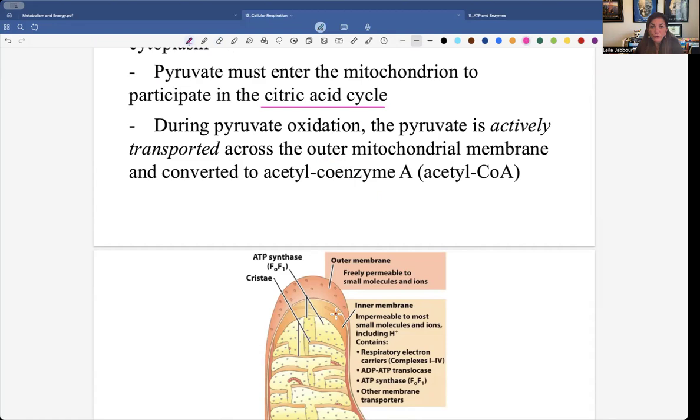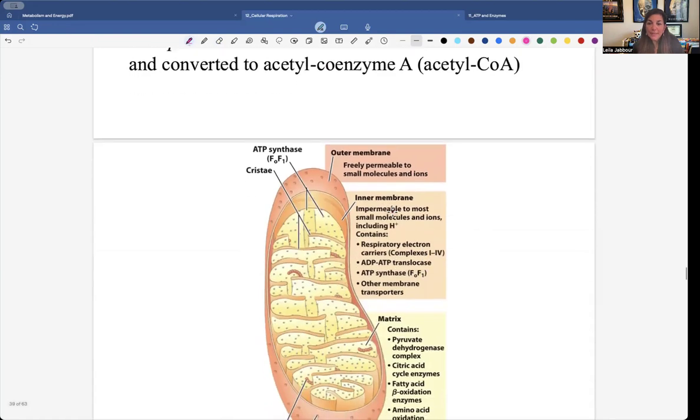Okay, so it goes through the outer membrane, freely permeable to small molecules and ions. And then the inner membrane is impermeable to most small molecules and ions. And this is where we're going to have the machinery for the third and final stage of cellular respiration.